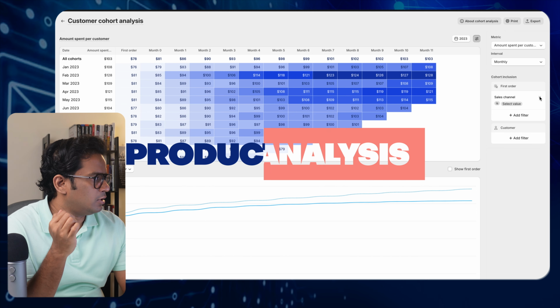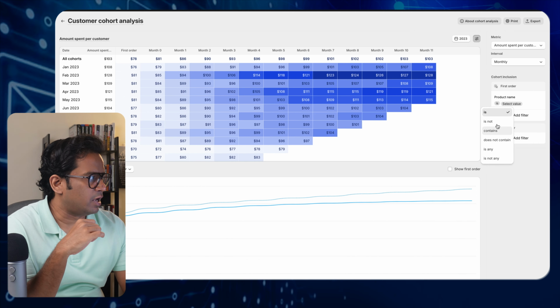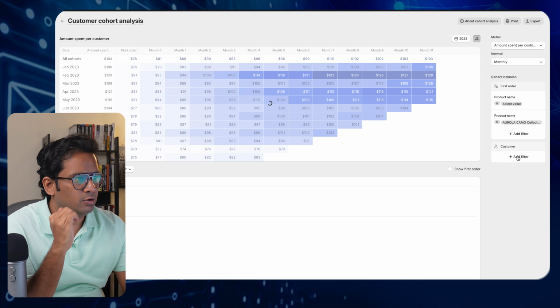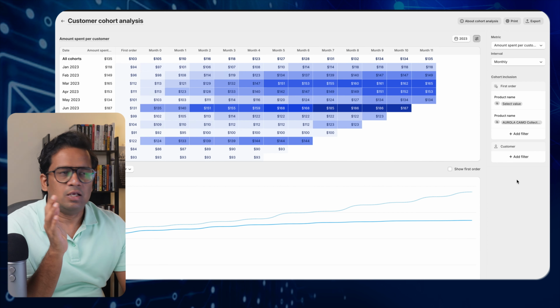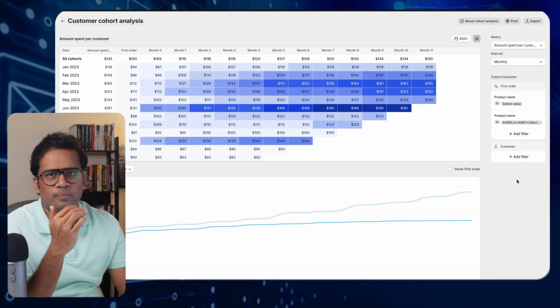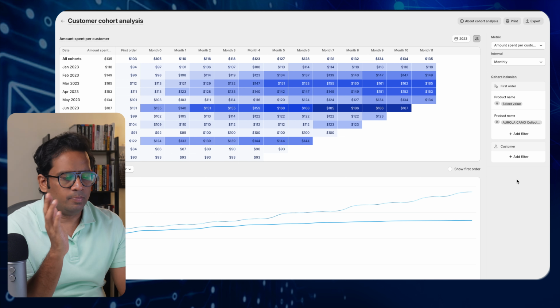There is also an angle to break it up at the product level. If you have a limited catalog, you can run the report where the product name is this thing. So what we can look at is, if someone is buying this, what's their buying behavior month on month, and if someone is buying something else, you can do this analysis on the product range or channel type.